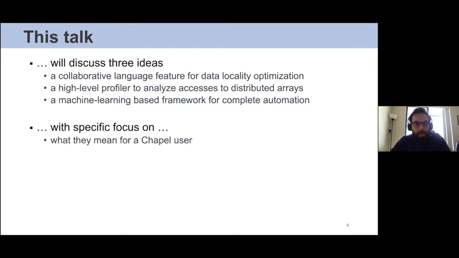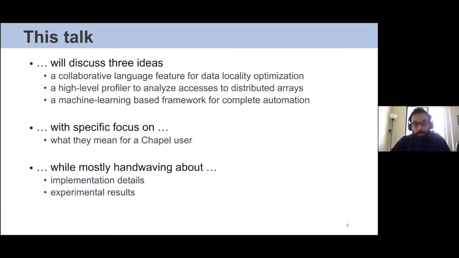While doing so, I'll put my focus on what they mean for a typical Chapel user. My talk will probably be very unsatisfying if you're expecting a lot of implementation details, experimental results, and things as such. But it's almost 3:30 Friday, so I hope that you are not expecting that. But I'll be happy to talk offline if you're interested.